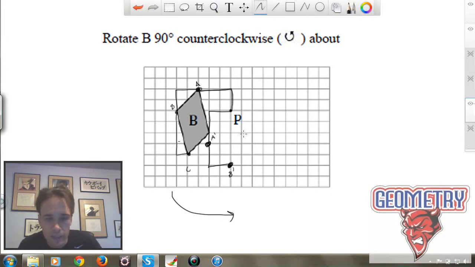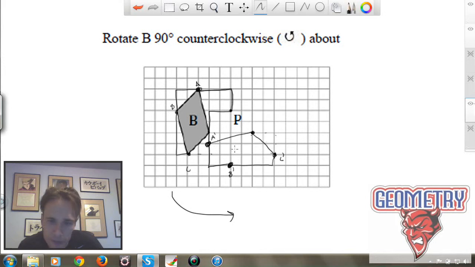So when I rotate that, it's now over 4, up 1 to get this new location of point C. And point D is the same. We have over 2, up 2, so over 2 to there.